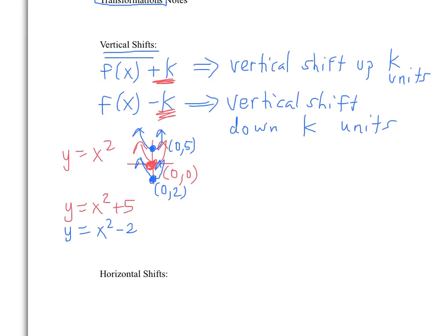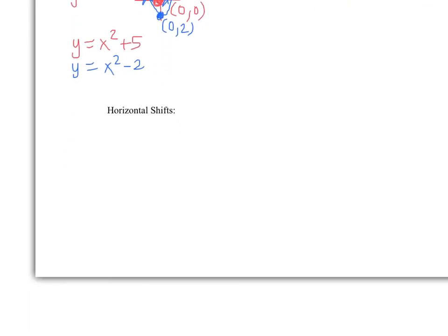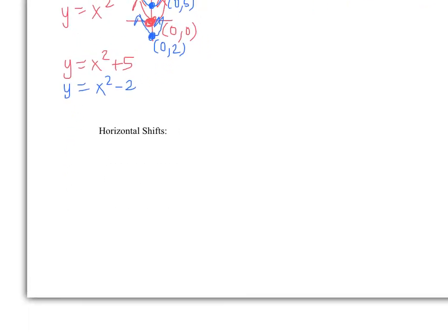Next, let's talk about some horizontal shifts. So horizontal, of course, is left or right. So these changes will take on this form, f of x plus h, or f of x minus h. Okay?